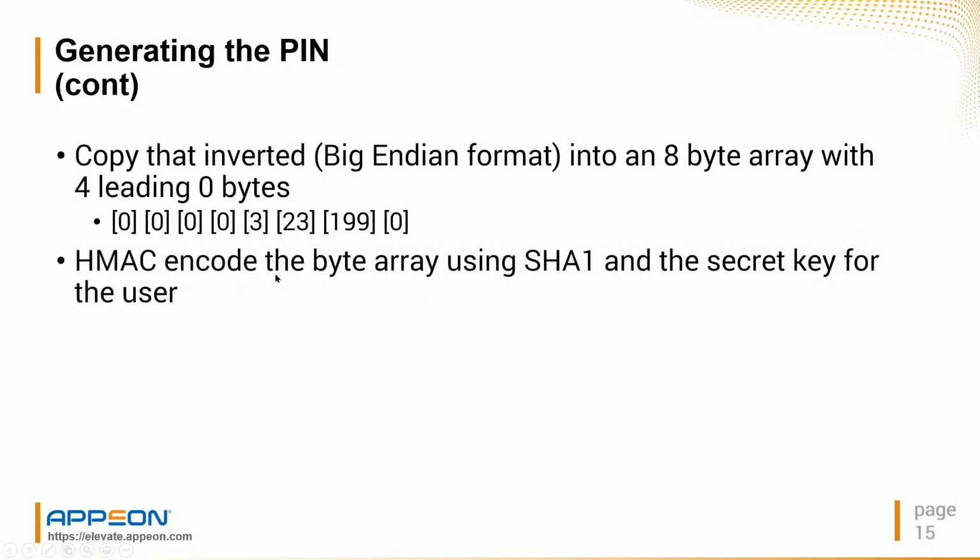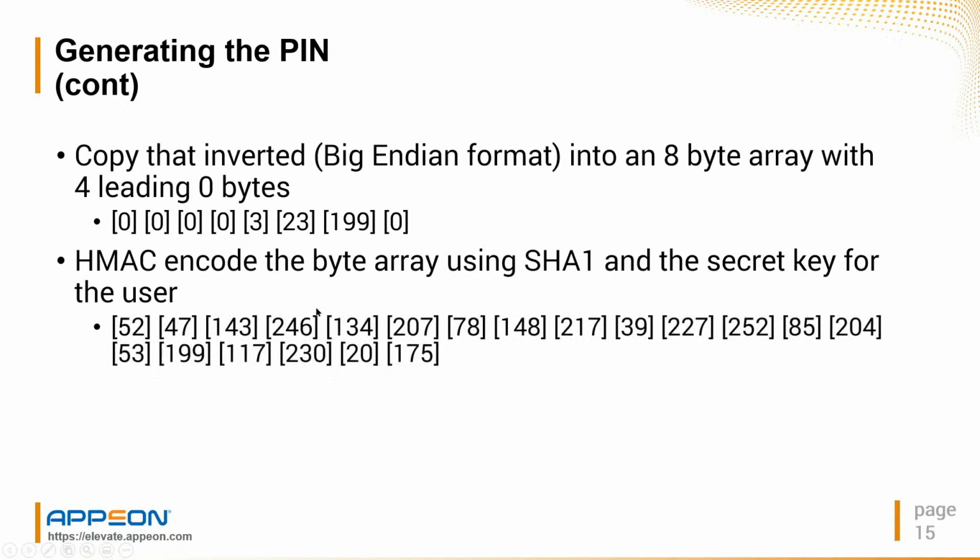We HMAC encode the byte array using SHA-1 and using the secret key for the user as the key for the SHA-1. And this is the byte array we get out after we HMAC encode it using the user's secret key, assuming the secret key is the 1 through 10, 1 through 10 twice that I showed earlier.